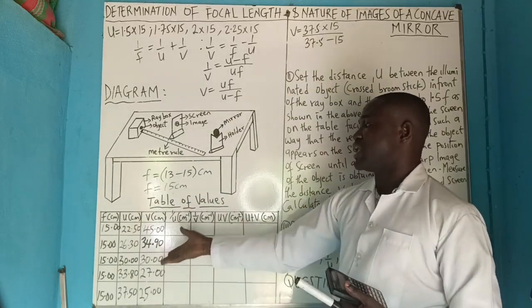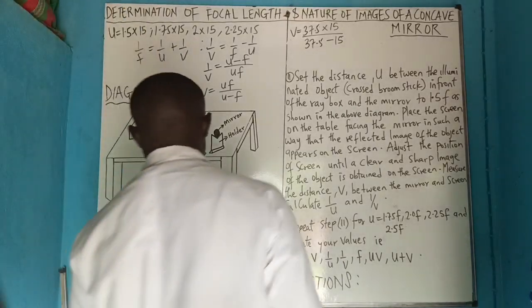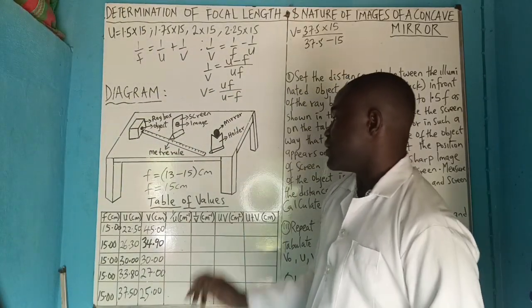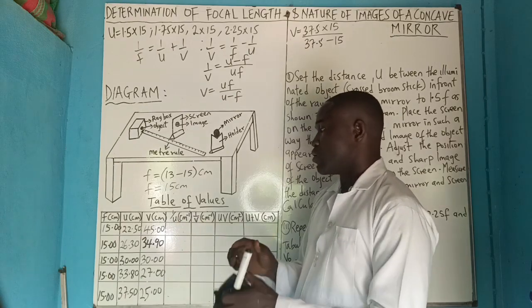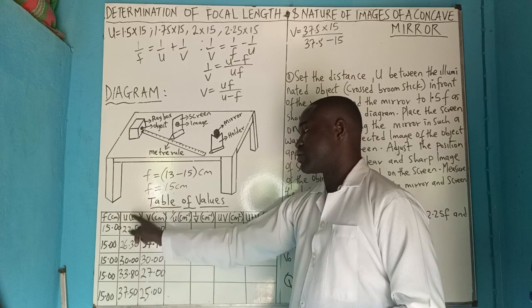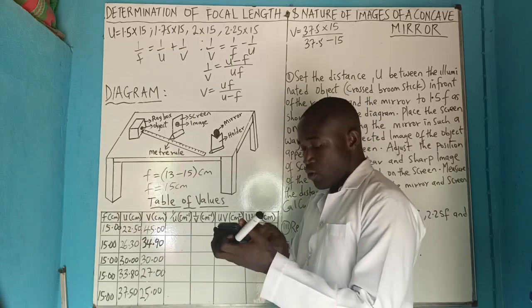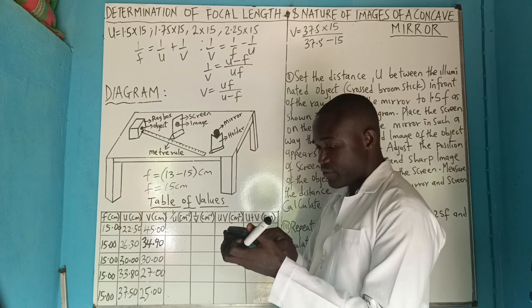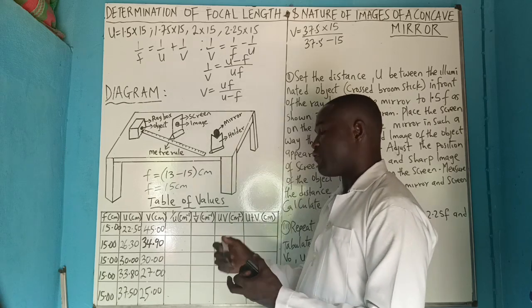Okay, so we have gotten our V. Now, to get our 1 over U column, we will be inverting everything we have here in U column. We get 22.5 inverse, 0.0444.